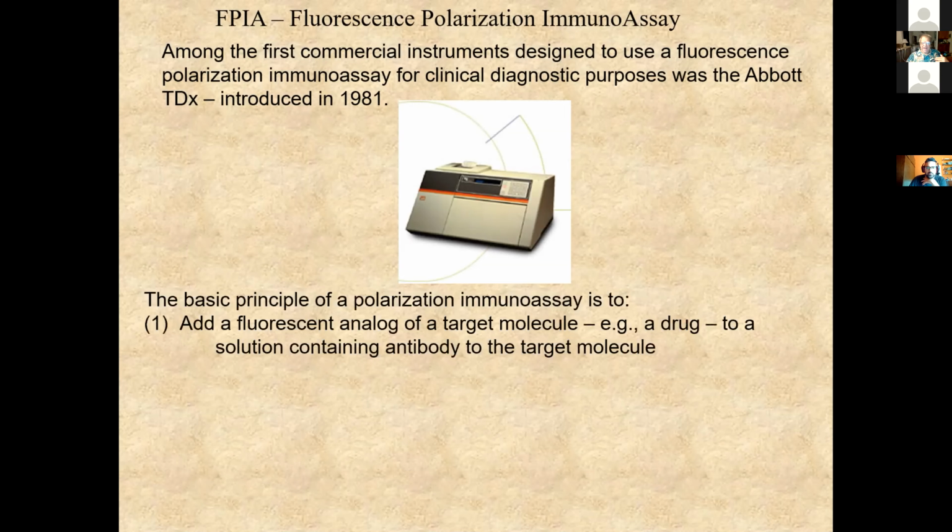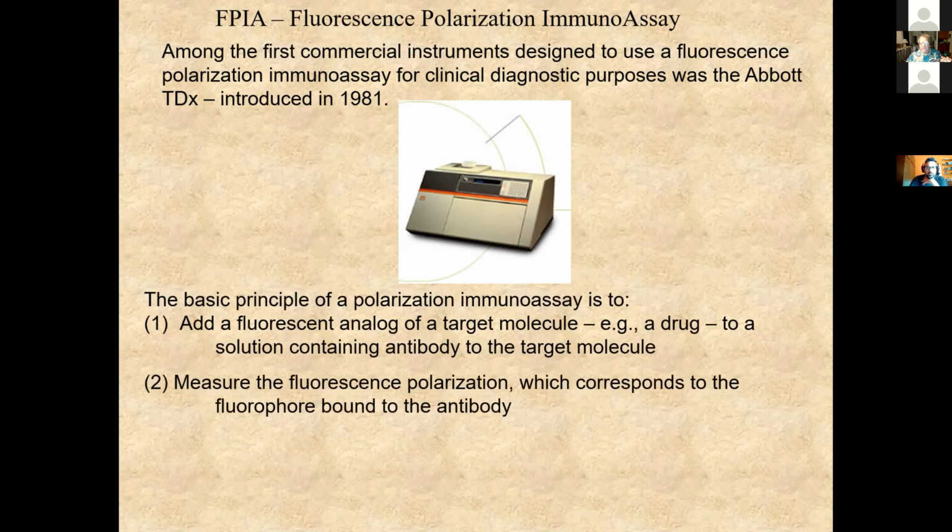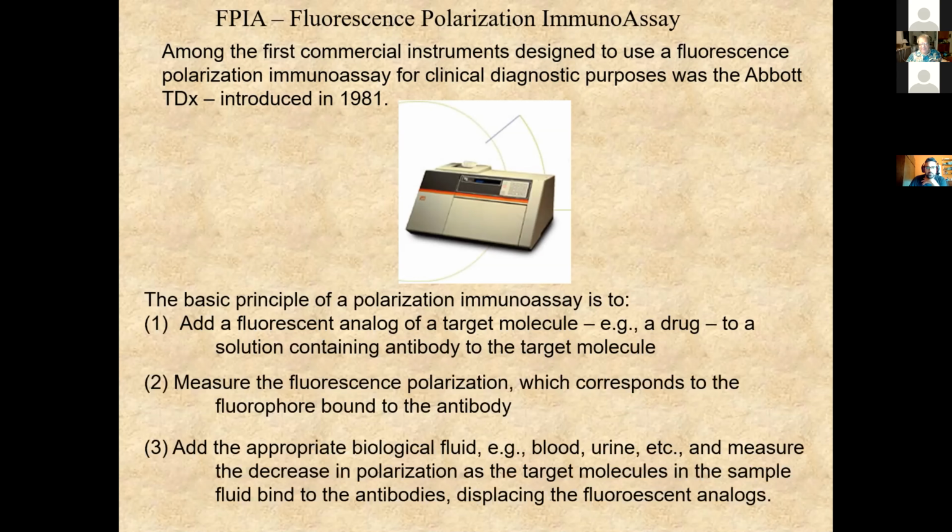And the idea is to add a fluorescent analog of the target, a drug, a barbiturate, a metabolite, whatever, and you have an antibody to that target, and you measure the polarization. First, you have the fluorophore-labeled target bound to the antibody, then you add biological fluid, blood, urine, etc., and you're looking to see if the target is in there, and it will decrease the polarization by displacing it.